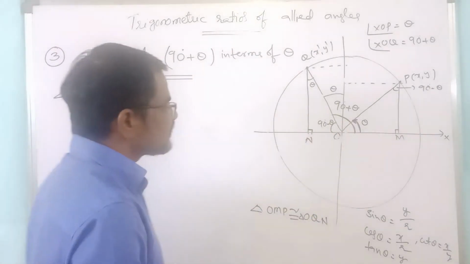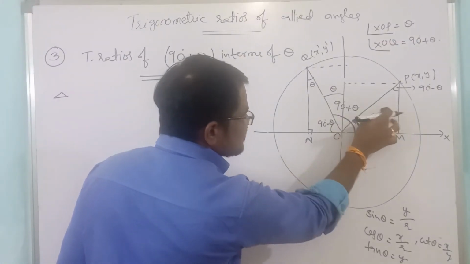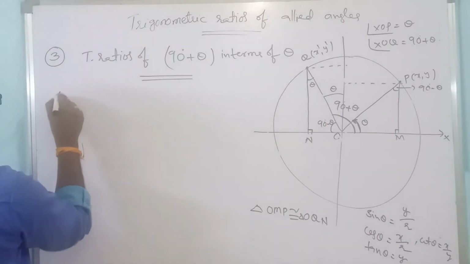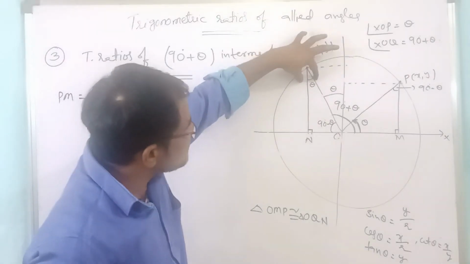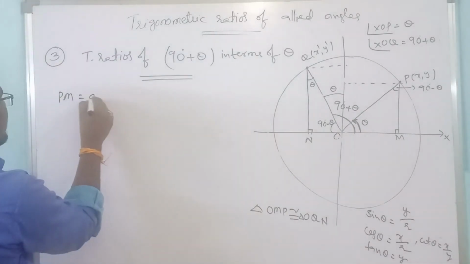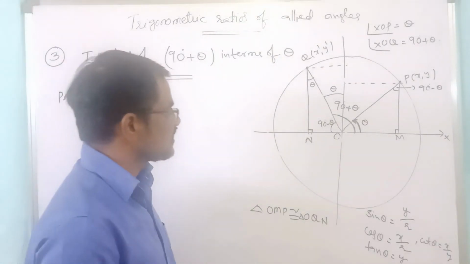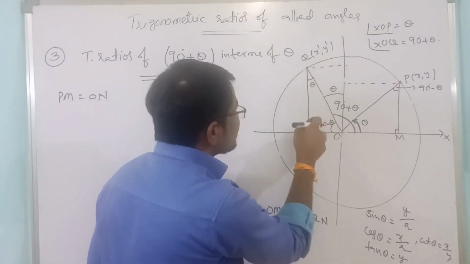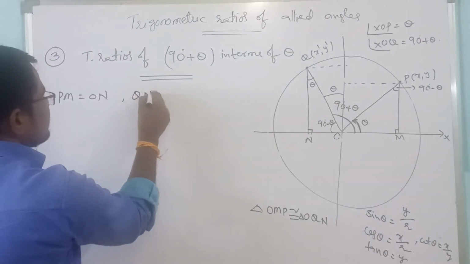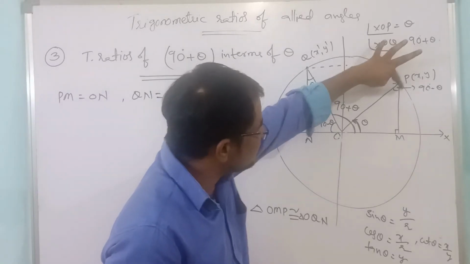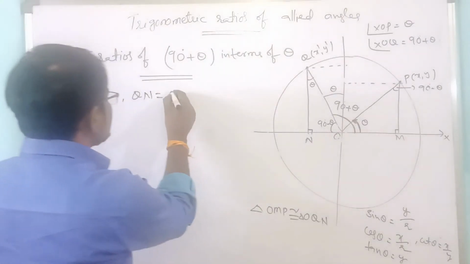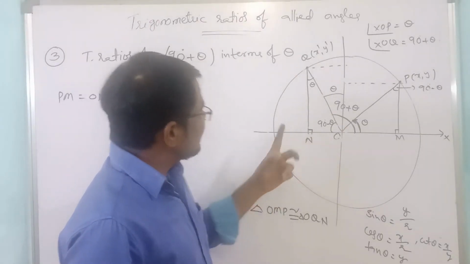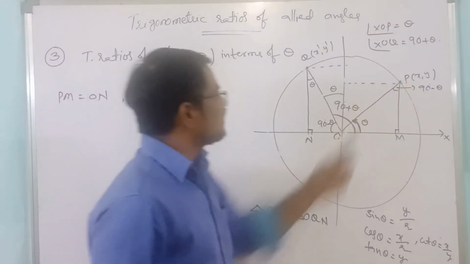Now what can we write from this? In this triangle, opposite to angle theta is PM. So PM equals, for the other one where angle theta is there, the opposite is ON. These two are equal because the triangles are congruent. Now for 90 minus theta, the opposite is QN, which is equivalent to OM.